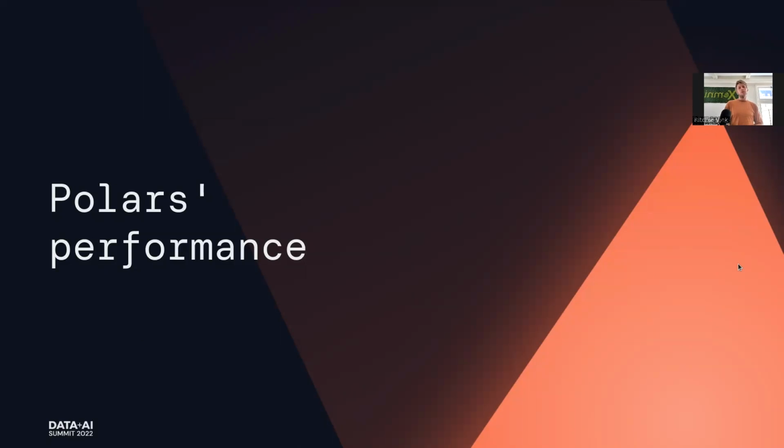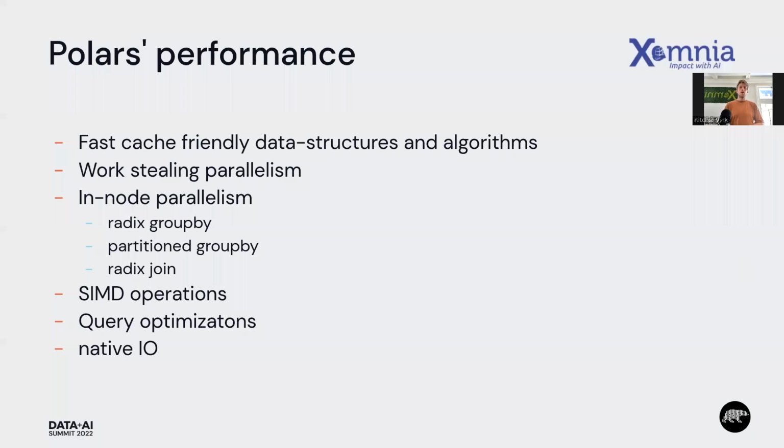So in this part of the presentation, we will talk about Polars performance. Polars is really fast, and it thanks this to really taking performance in mind. It's not only about parallelism. With only parallelism, you won't get as fast.